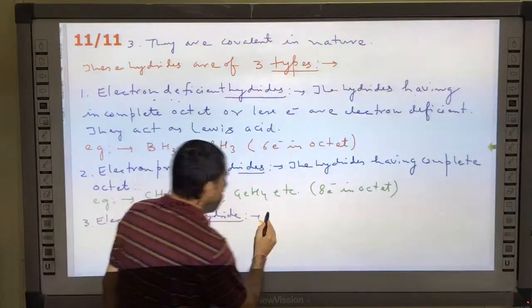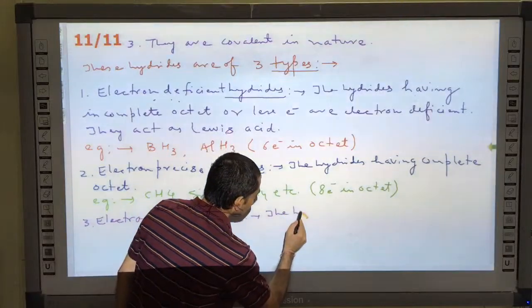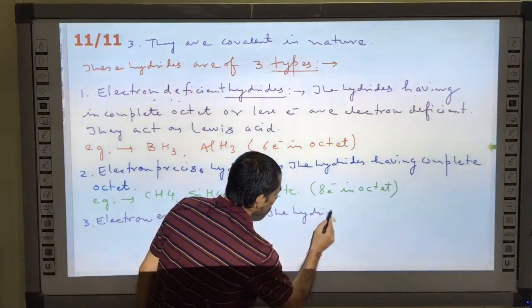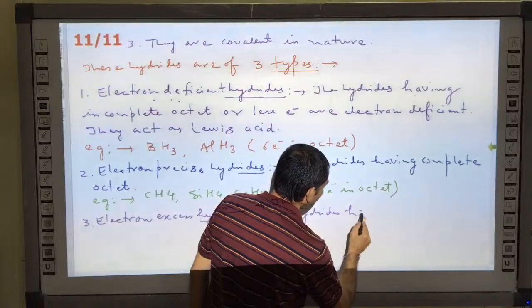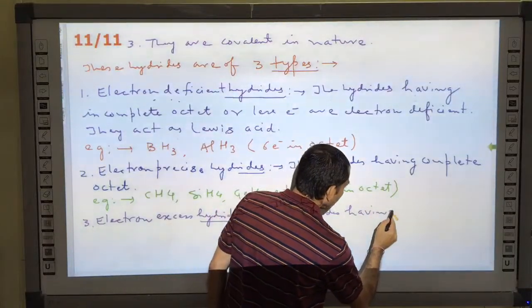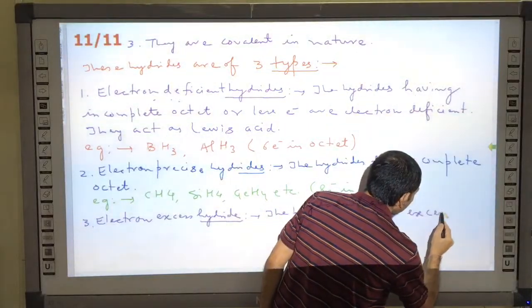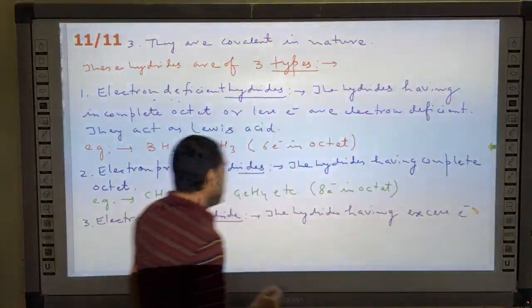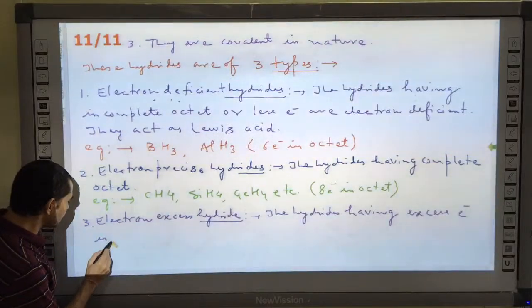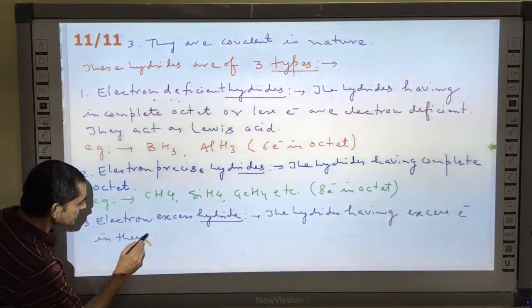What are these? The hydrides having excess electrons in their octet, more than 8.